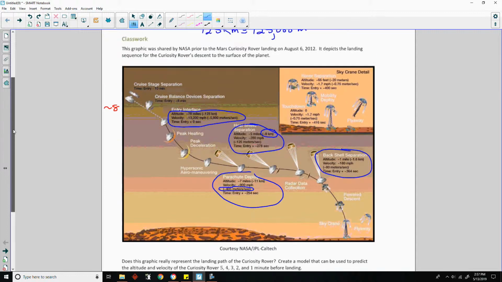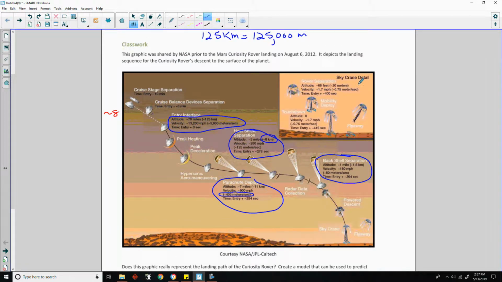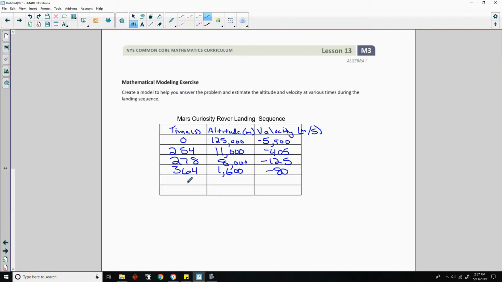Now we have to go into the last seconds, and that is in the sky crane detail. 416, 400 is less. It's going to be the 400 first. So it's 400 seconds, the altitude is 20 meters, and the velocity was negative 0.75.